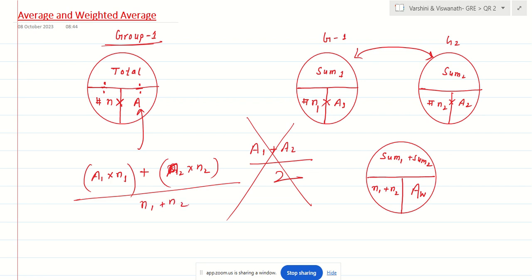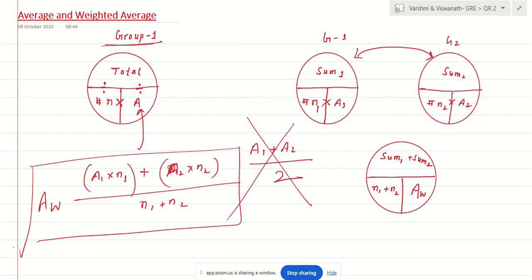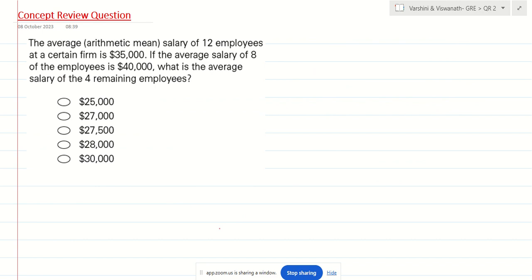That is called the weighted average concept. So whenever we have multiple groups, we talk about the weighted average. If there is only one group, we always consider the average. Clear? Completely? Let's go ahead. We'll try this one question.